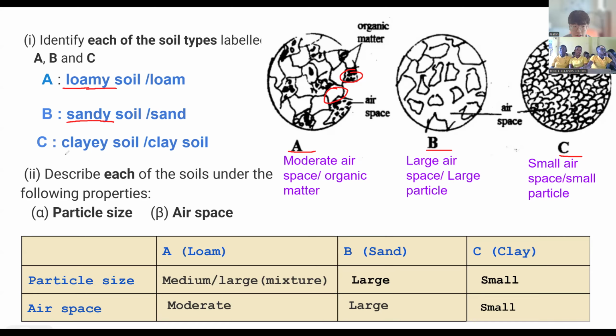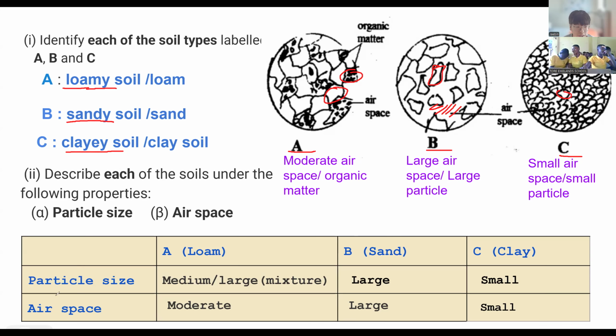And C, yeah, it's a clay soil. You can see that because sandy soil has large particles and a lot of airspace. But clay soil has small airspaces and the particles are very small.